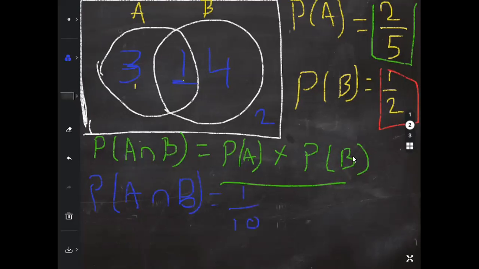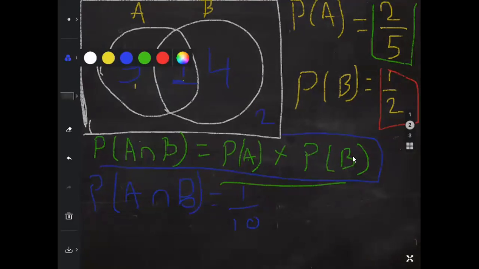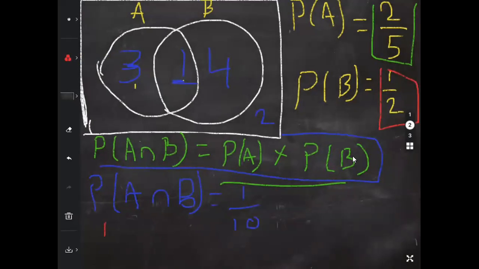So now let's rewrite this formula here with all of our values in there. So probability of A intersection B is 1 on 10, equal to probability of A, which is 2 on 5, multiplied by 1 on 2.